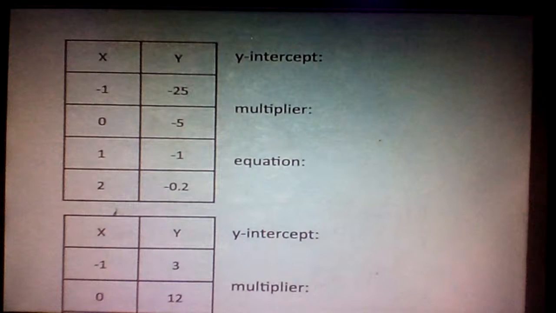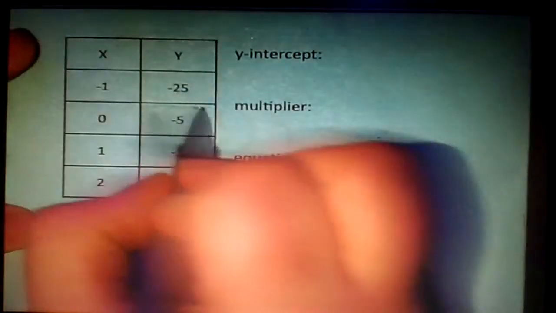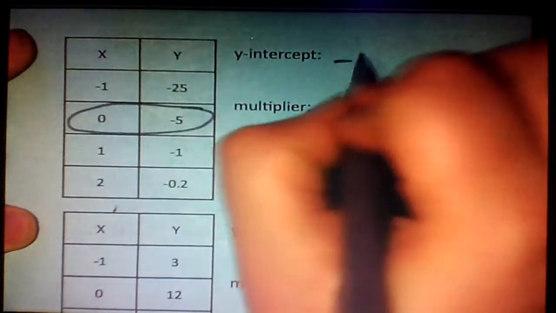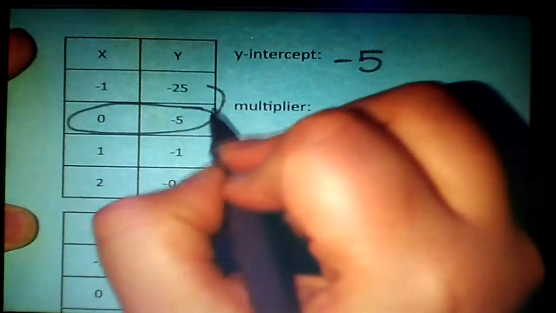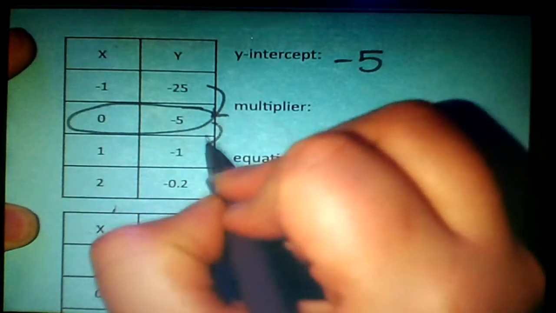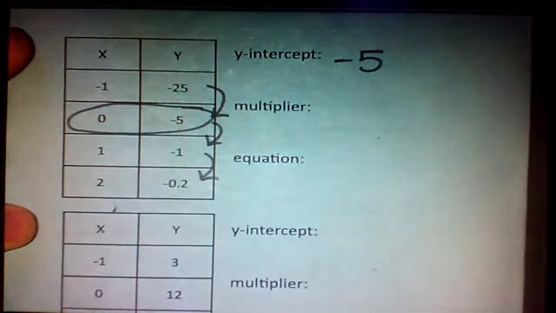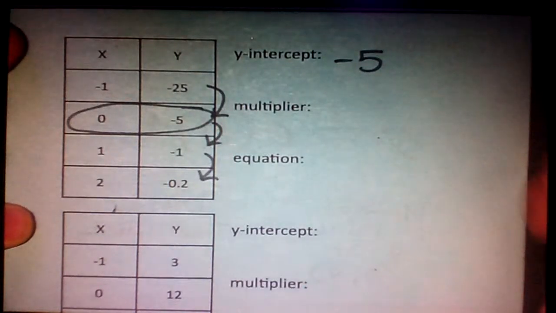All right. Flip it open. We're on the left-hand side. What is my y-intercept? -5. What is my multiplier? Remember, your multiplier always has to be a positive number.